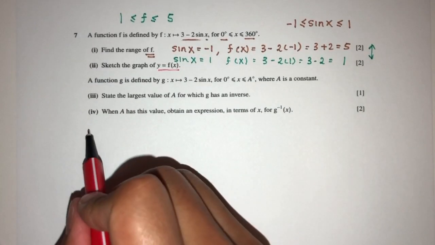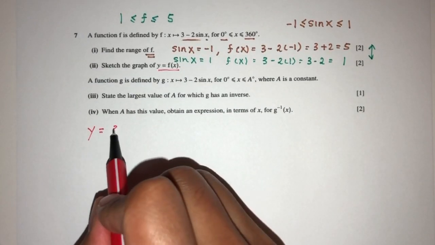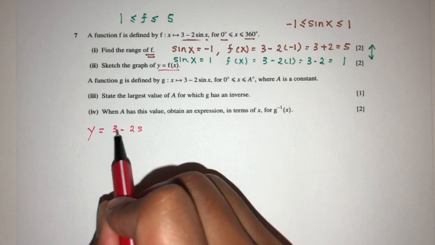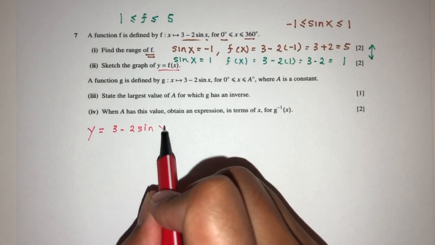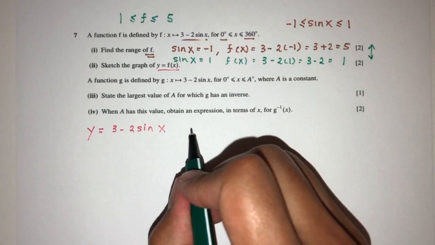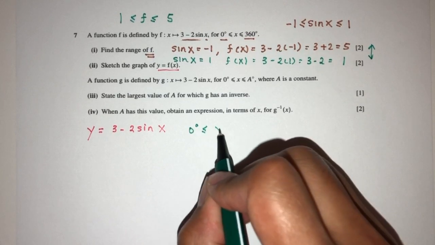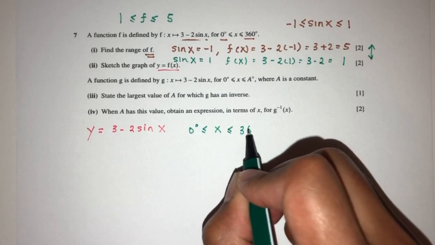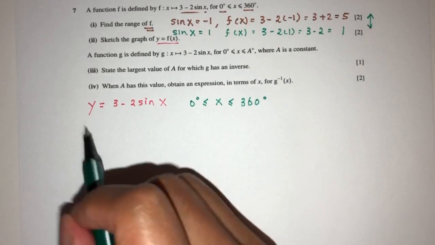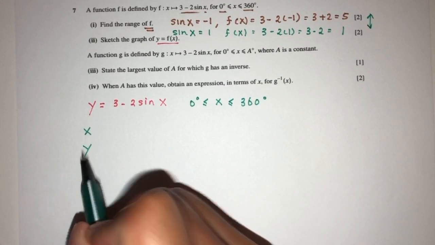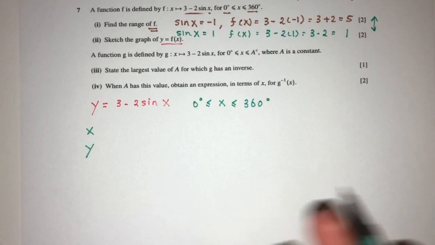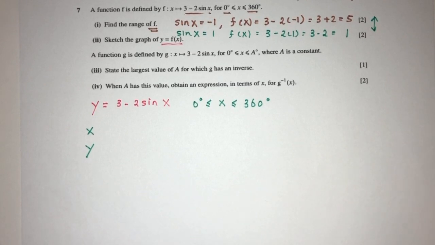Now we understand y is equal to 3 minus 2 sine x. Now again, this is the graph of a trigonometric function, so we have the x values and the y values. The advice is the same as always: whenever you have to draw a trigonometric graph, we have to use a table of values.